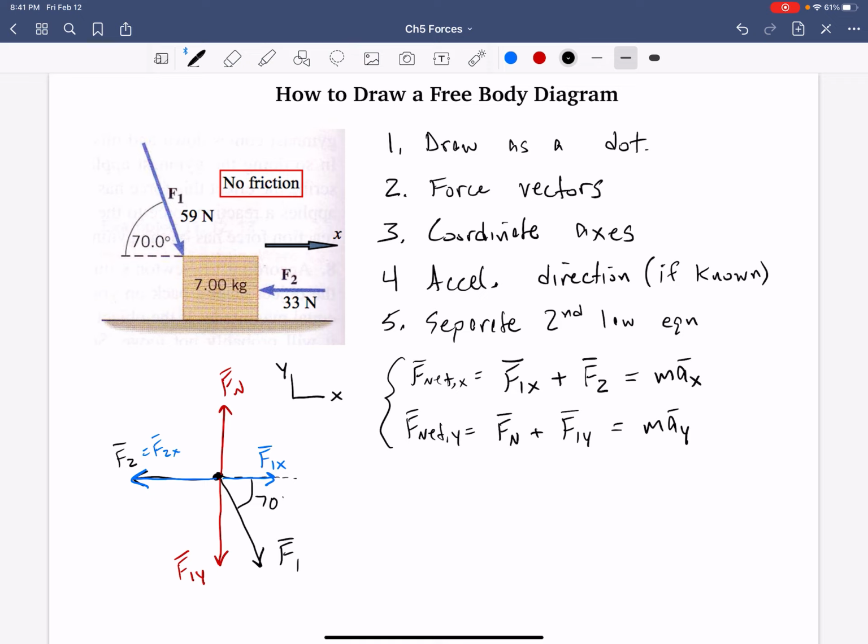I'm going to take the vectors away and add in these signs now, okay? So I'm going to take that vector away and make that positive. F2 is a negative, right? It's in the negative direction.